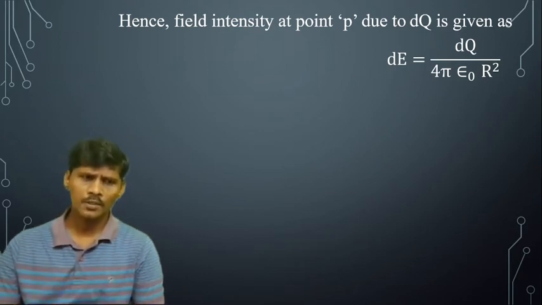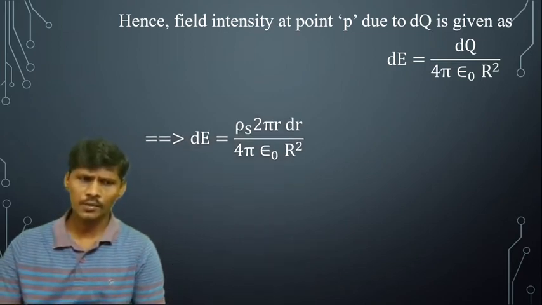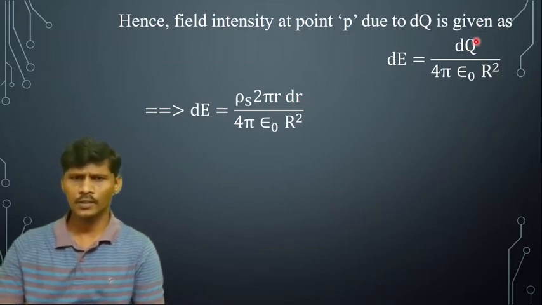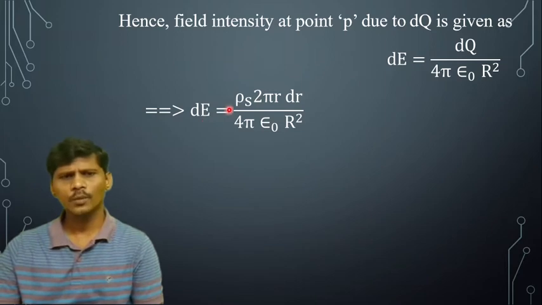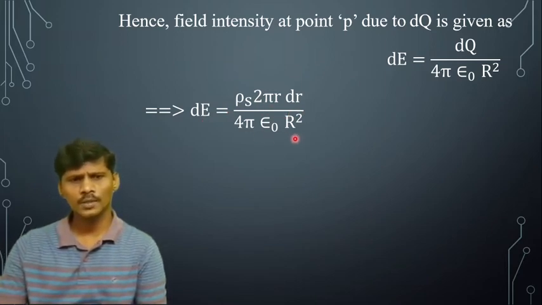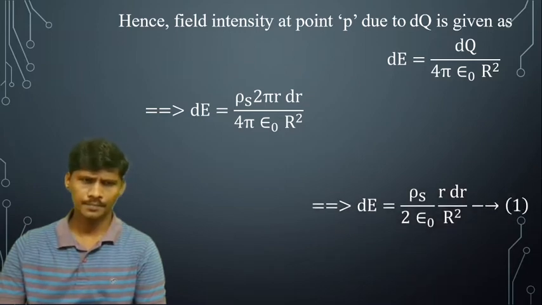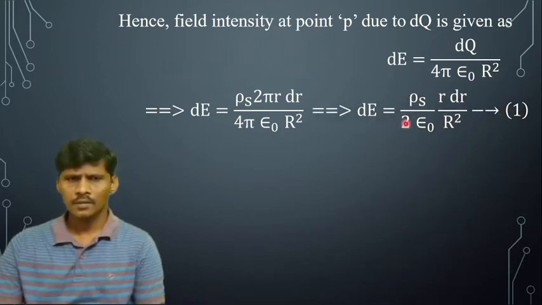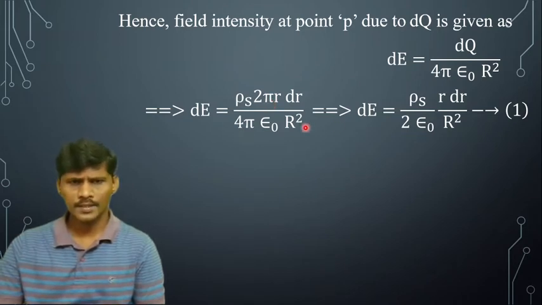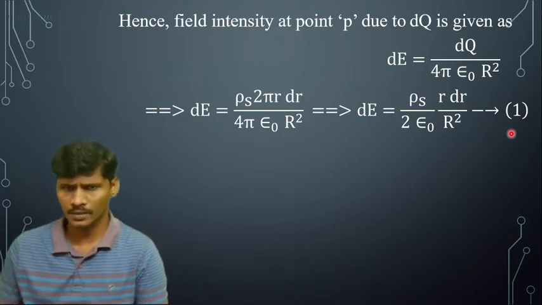Here dq is equal to ρs 2 pi r dr. Substituting that value, we get dE equal to ρs 2 pi r dr by 4 pi epsilon naught R square. So that is equal to ρs by 2 epsilon naught, the 2 pi cancels, r dr by capital R square. That is considered as equation 1.